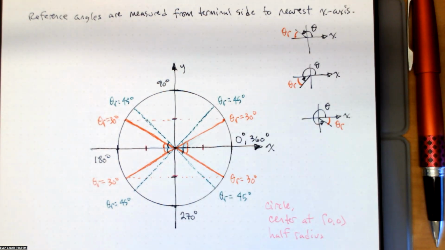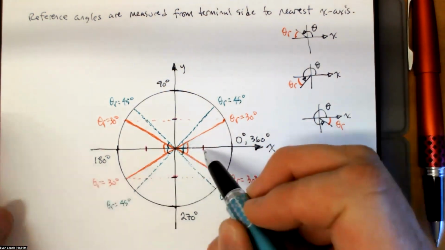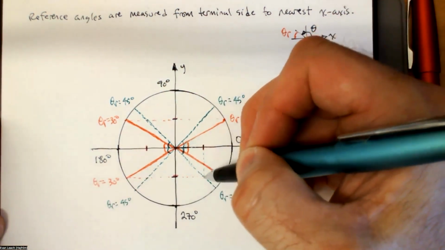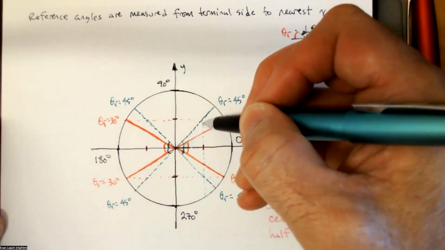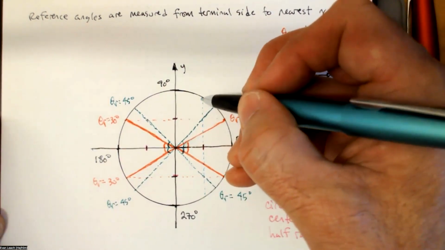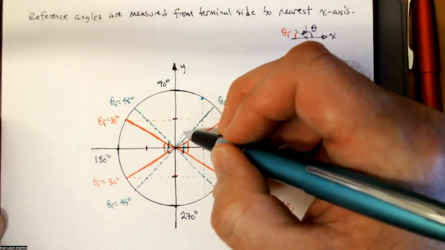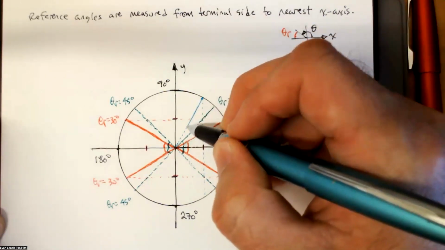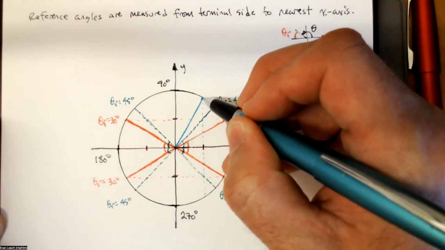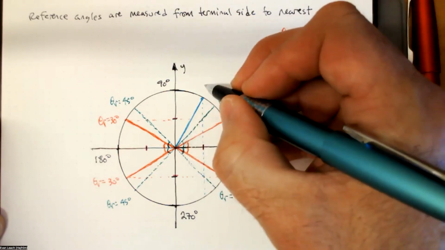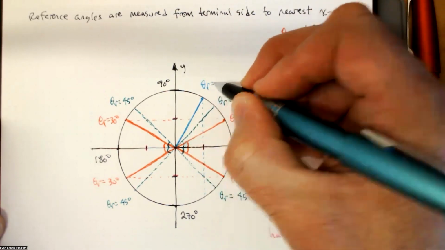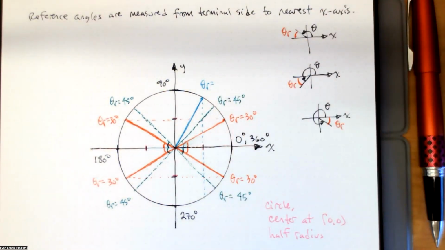Next, I'm going to do the same thing with the halfway points vertically or horizontally. So if I go halfway through the circle horizontally and draw a vertical line, how big is that reference angle?